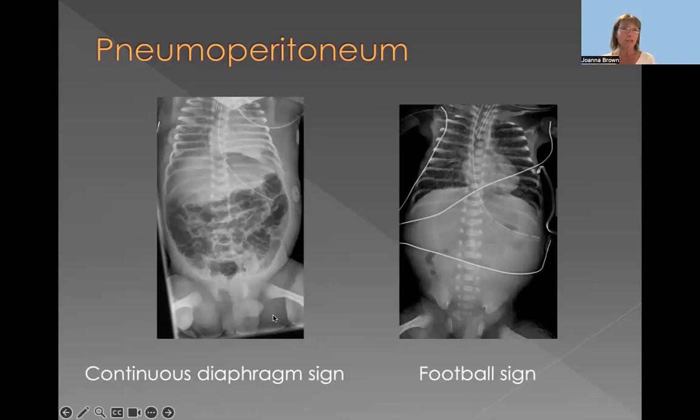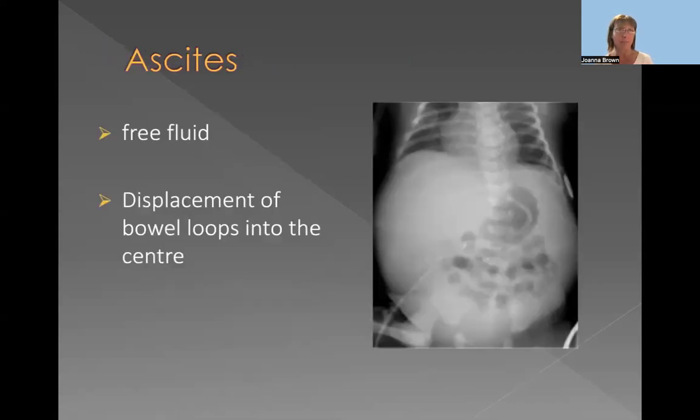And in children, you could have a continuous diaphragm sign, which is a large amount of air. You can see the increased lucency over the liver, other little pockets of air, and the continuous lucency under the diaphragm. Or you can have it as a football sign that I showed you before, when the air will be positioned in the central aspect of the abdomen.